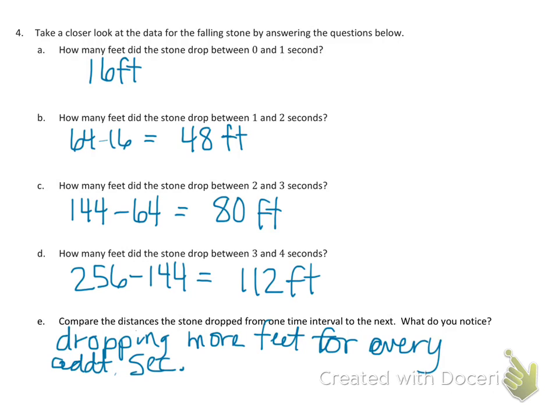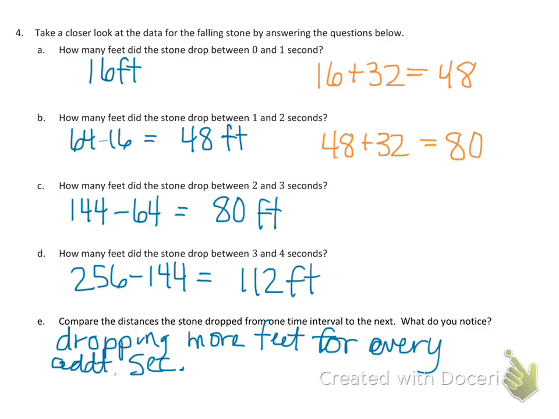Okay, and I'm going to grab a different color here and see if you noticed, maybe you noticed something even more. If I take 16 plus 32, I get 48. And if I take 48 plus 32, I get, that's right, 80.